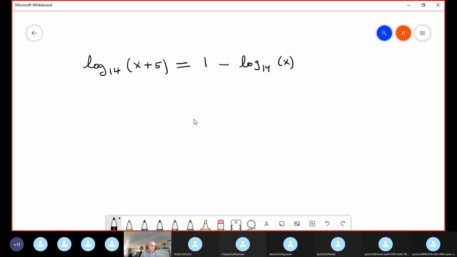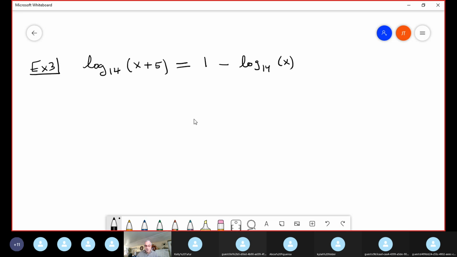This is our example 3. In example 3, the only new thing you can see is that the logarithm is placed on different sides, one logarithm on the left, one logarithm on the right, but I don't care.